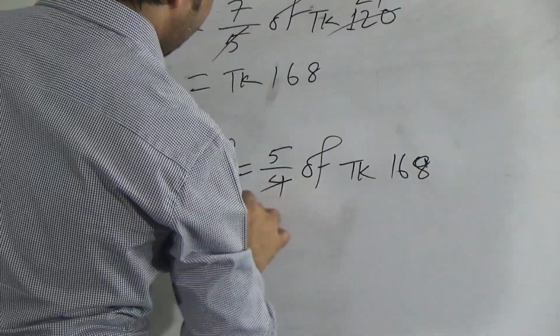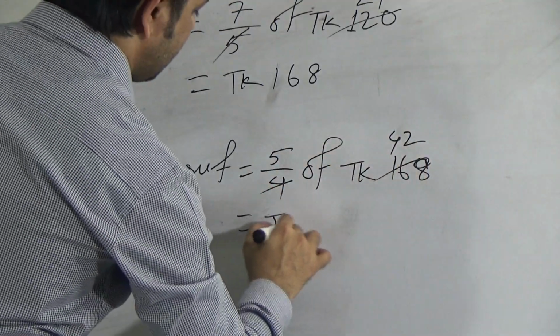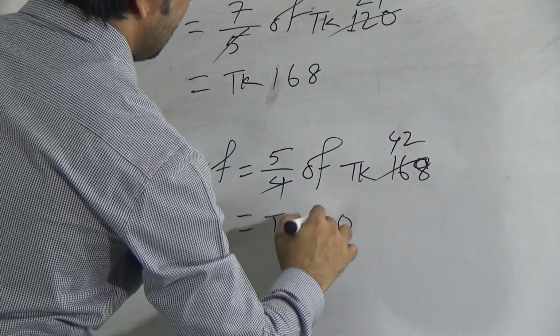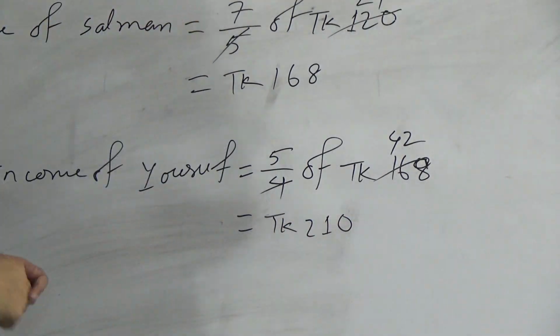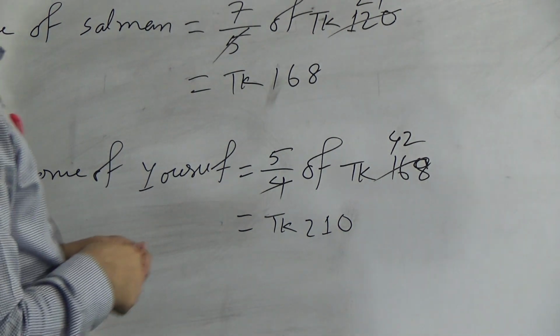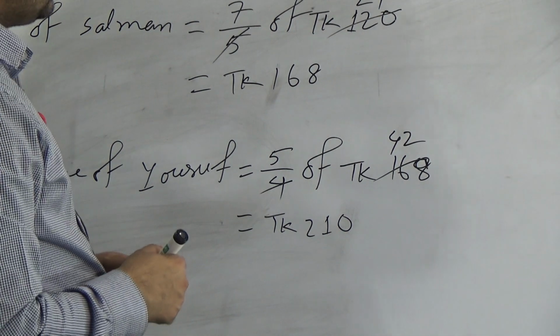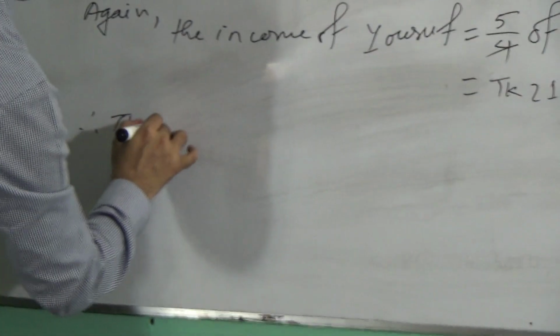So we can divide by 4 times, then 2 times 42. Multiplying, 5 2s are 10, 5 4s are 20 and 21, that is 210. So income of Yusuf will be 210 taka.